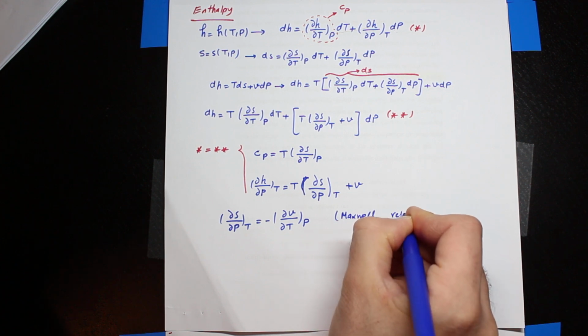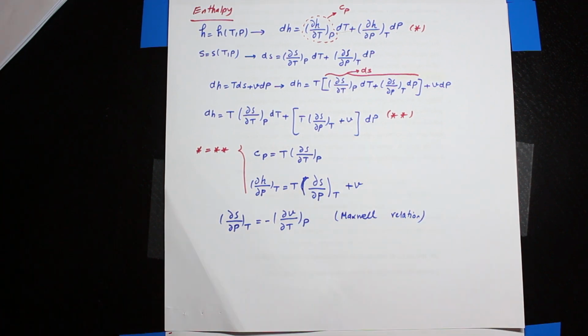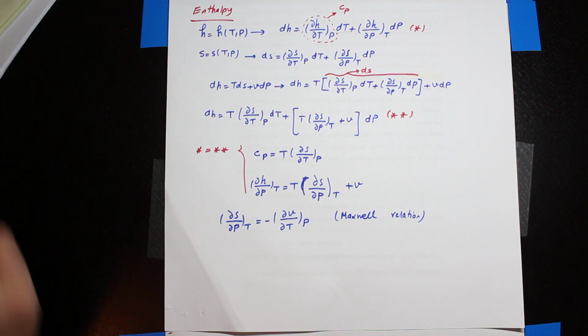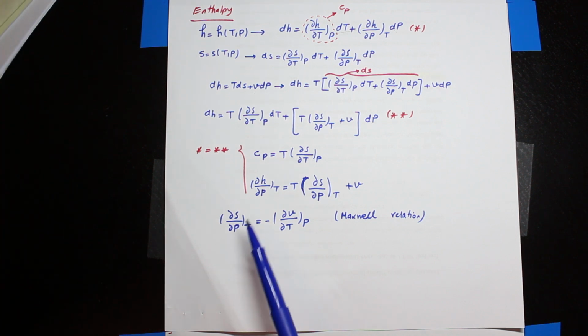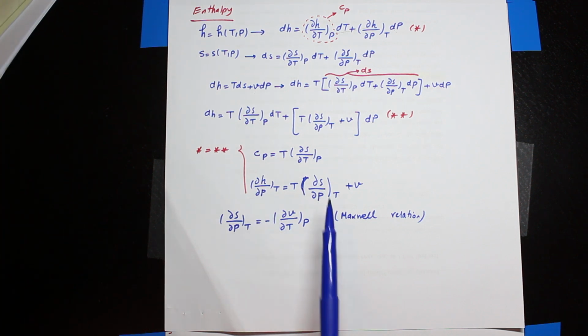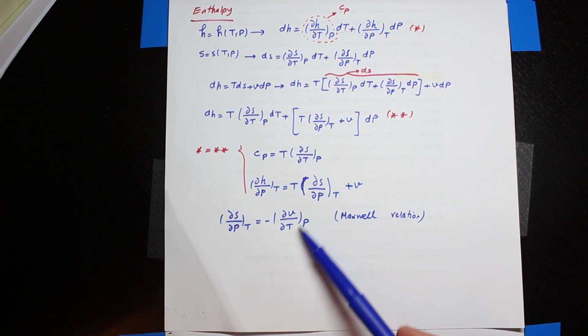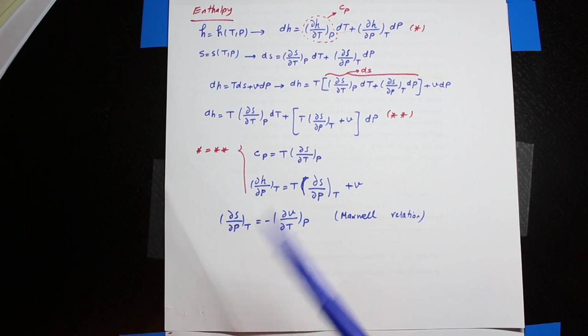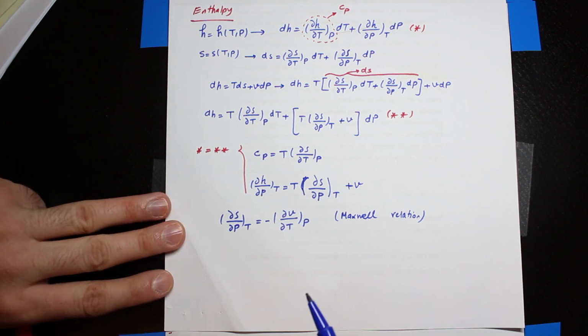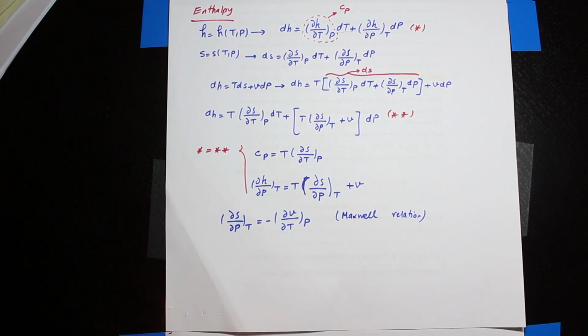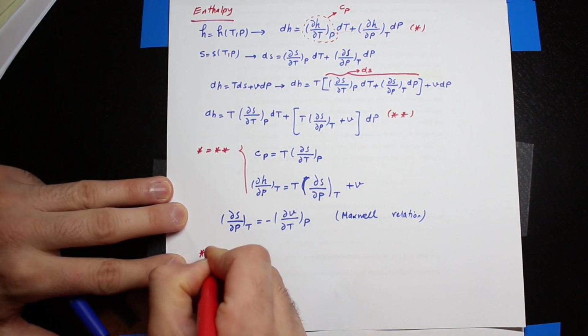If I use that, then one thing I can do is rewrite this correlation, but instead of partial S partial P for constant temperature, I can write this thing here.